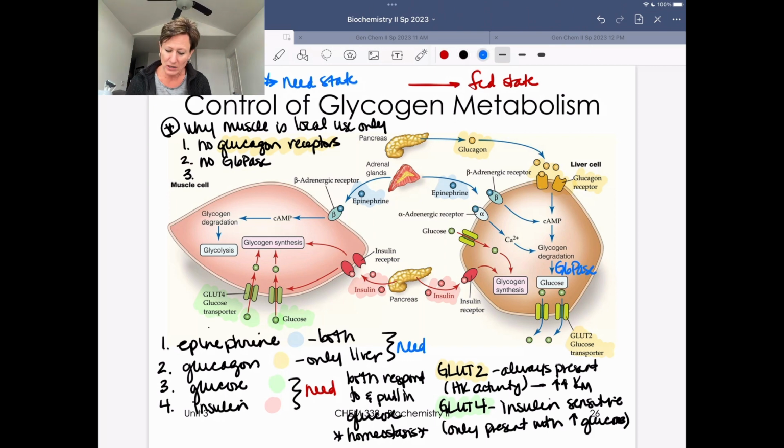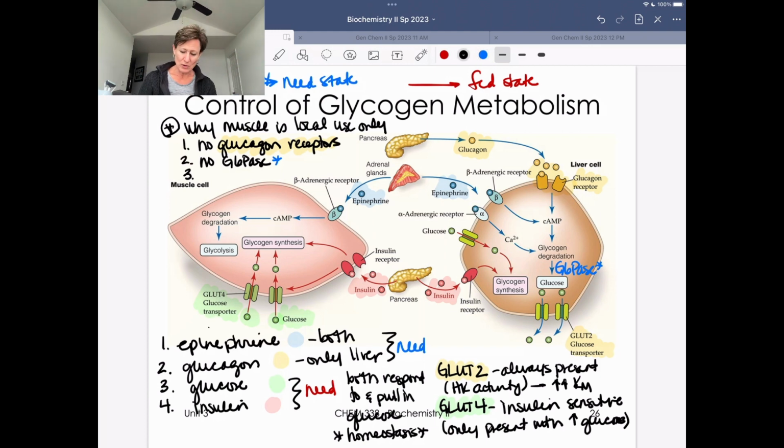That's a critical component to being able to generate free glucose. Because remember, only free glucose can be exported across transporters into the bloodstream. So we need to have G6Pase to get those free glucose.